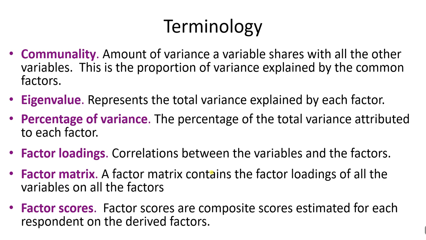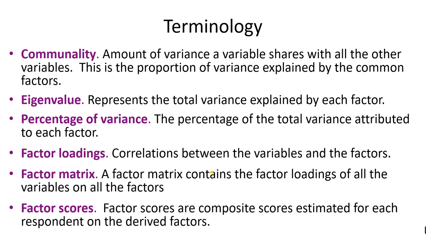Let us go one by one. So what is communality? Amount of variance a variable shares with all other variables. This is the proportion of variance explained by the common factor. So how much the common factors are explaining the variance in a given variable is communality.